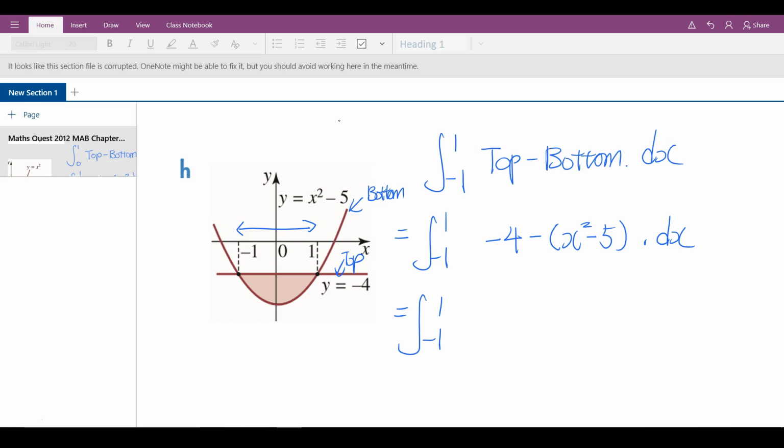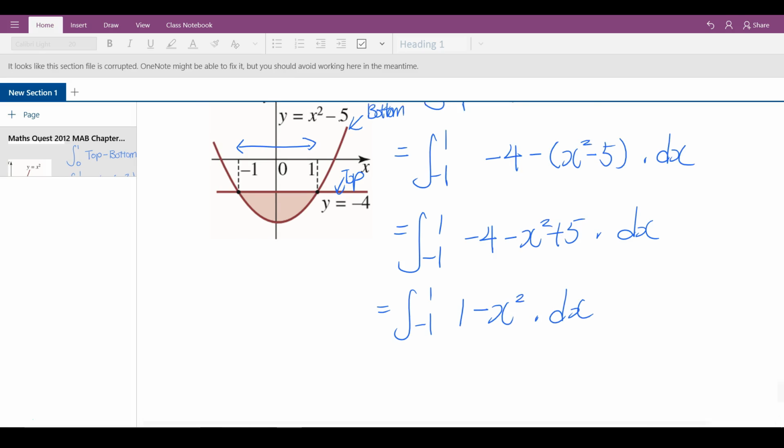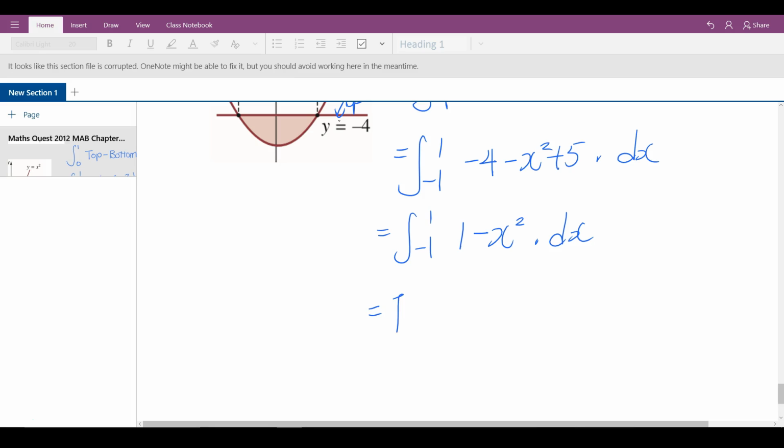Expand the bracket, so it's minus x squared plus 5, integrated with respect to x. Let's do some cleaning inside first. -4 plus 5 is +1, so it's 1 minus x squared dx. Let's integrate. Integrating 1 with respect to x becomes x minus x cubed over 3, from -1 to 1.